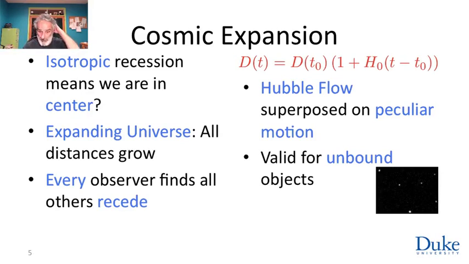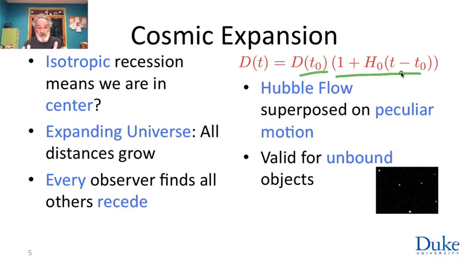And the mathematical expression of this is that if you measure any distance in the universe at time t0, by t0 I mean now, and then you measure it either later or earlier, if you measure it later, it will have grown by a factor which depends on time in this fashion. What this tells you is that over a time t, distances grow by an amount that is H times d.